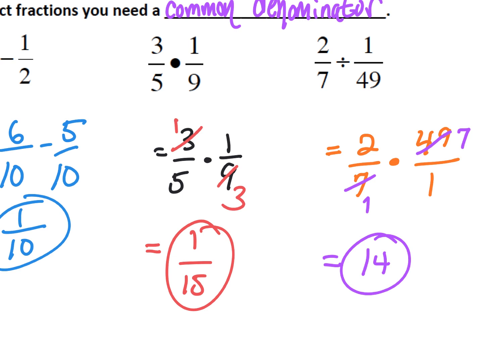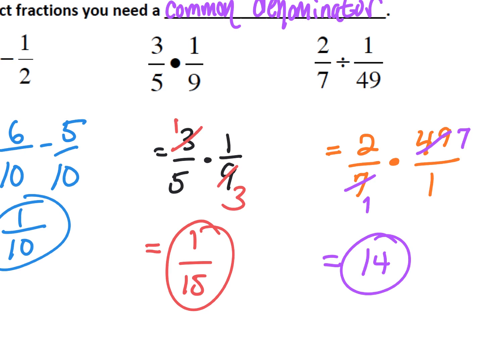Cross cancel your factors of 3. 3 goes into 3 one time, 3 goes into 9 3 times. So you're just doing 1/15. It's a lot faster than doing 3 times 1, which is 3, 5 times 9 is 45, and then you have to reduce 3 out of 45, especially if you don't have a calculator, right?